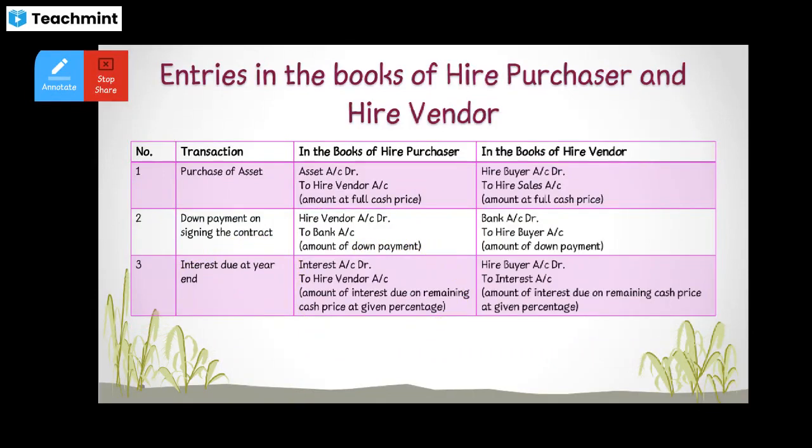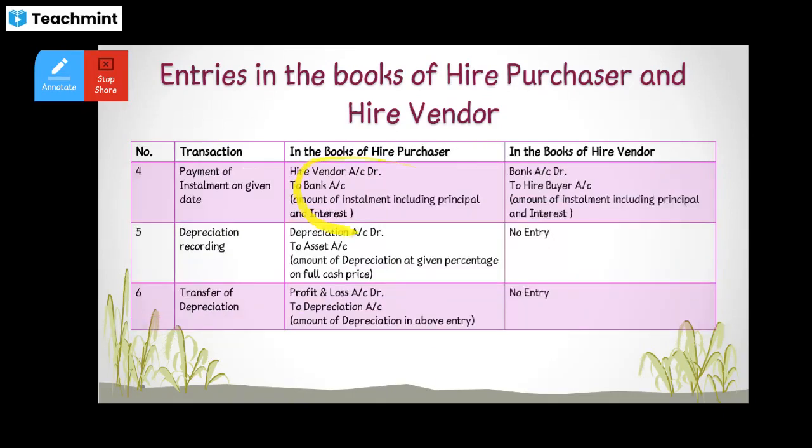This is not an interest paid entry, this is an entry for interest due. Now whatever due interest is there, it should be paid. Here we are paying the interest in this entry itself. Though we are paying the installment here, it is an amount which includes the principal also and interest also, so there is no separate entry for payment of interest.